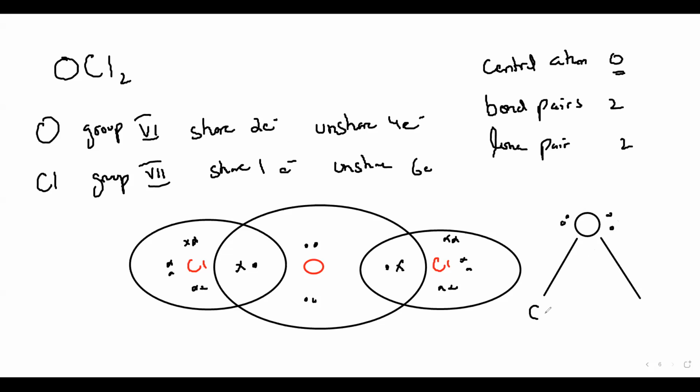We'll have chlorine, and this bond angle will be 104.5 degrees. It appears to be less than 104, but because of space I did not extend the angle; it should be 104.5 degrees.